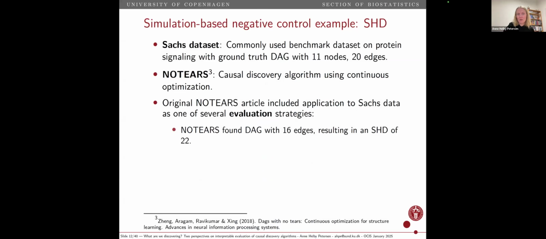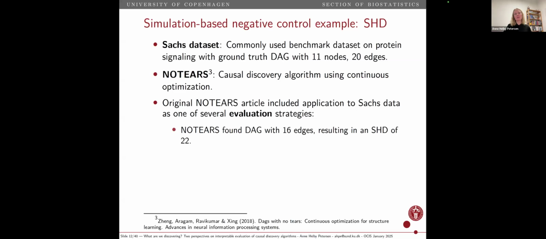This is a causal discovery algorithm that was proposed in 2018, and it uses some continuous optimization techniques. As I already mentioned, this was a very interesting algorithm when it was proposed, and it has led to a lot of very fruitful research, but there has also been some scrutiny and interest in exploring when it doesn't work well. So that's NOTEARS.